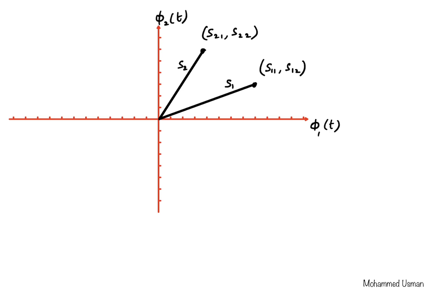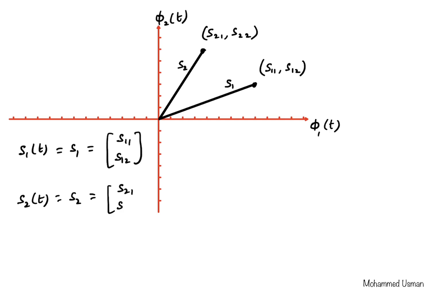So S1 of t is depicted as S11, S12, and similarly S2 of t is S2 as a vector, and the elements of that vector are S21 and S22, right? So what are these S11 and S12, S21 and S22?